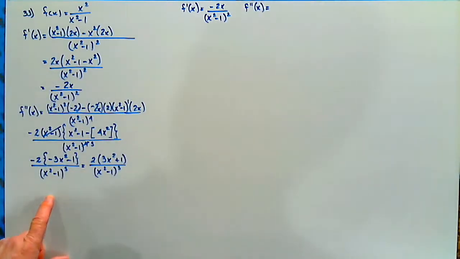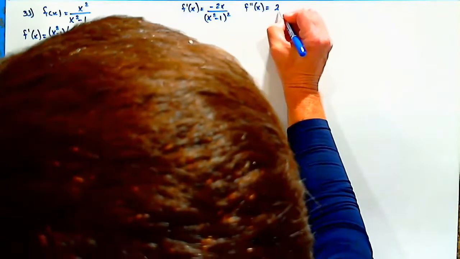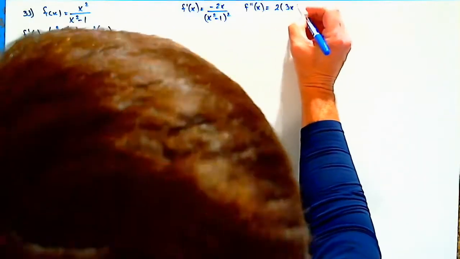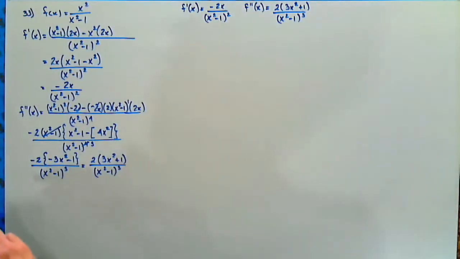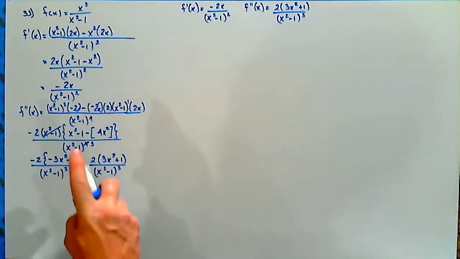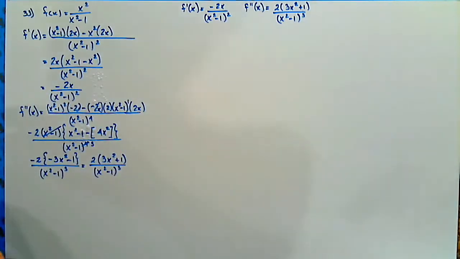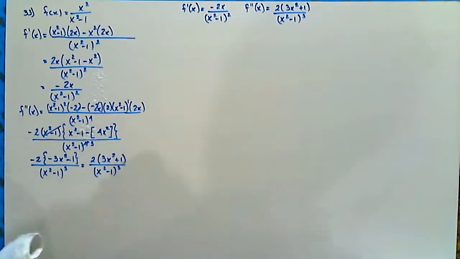What did we say f double prime of x was? We said it was 2 times 3x squared plus 1 divided by x squared minus 1 cubed. All right? So those are our derivatives, so I'm just going to clean this off here. Get this out of the way.